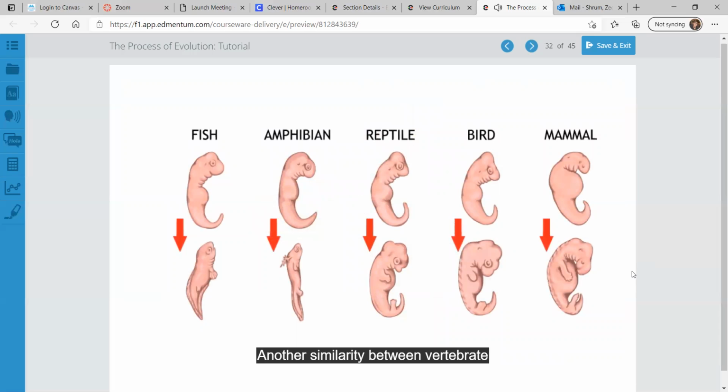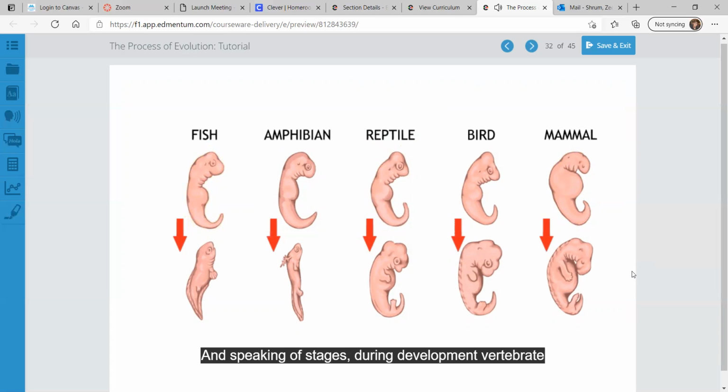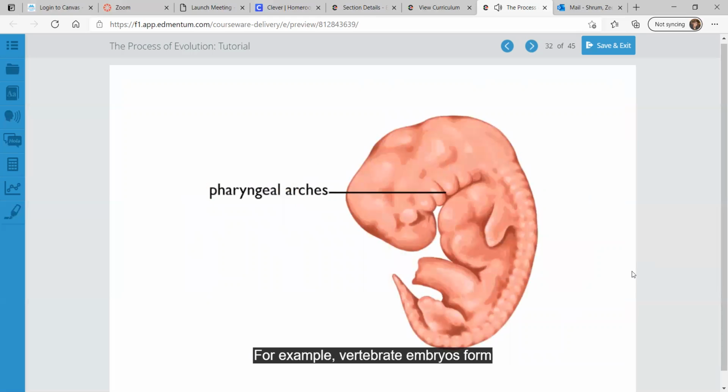Another similarity between vertebrate embryos is that they all look alike. In fact, at this stage, it takes a trained eye to see the difference between a mammal embryo, a reptile embryo, or a fish embryo. And speaking of stages, during development, vertebrate embryos go through a lot of the same stages. For example, vertebrate embryos form pharyngeal arches from the germ layers.